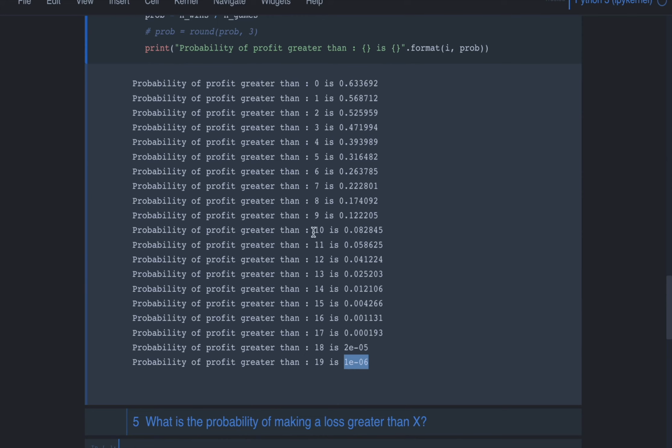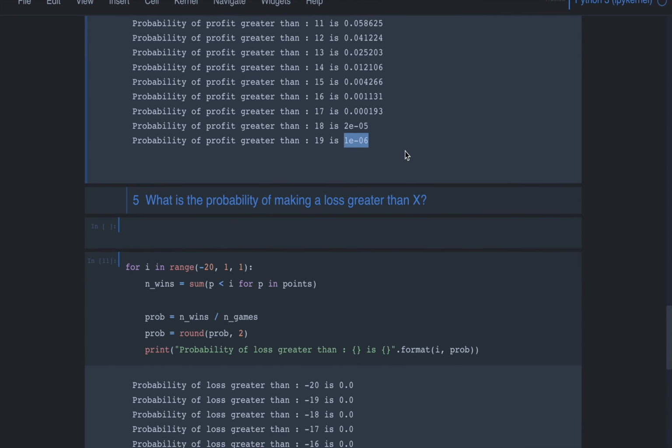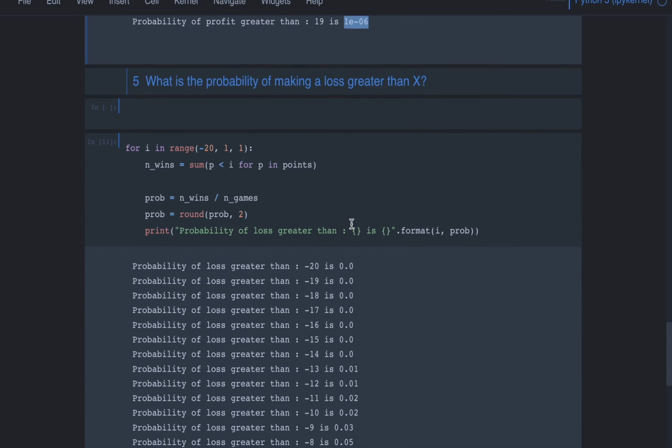So again, as this number increases, the probability decreases, and it seems like the most likely profit we will make is somewhere around 2 or 3, something like that, right? So in this region, the probability is still greater than 50%. Okay, and similarly, we can ask what is the probability of making a loss greater than some value.